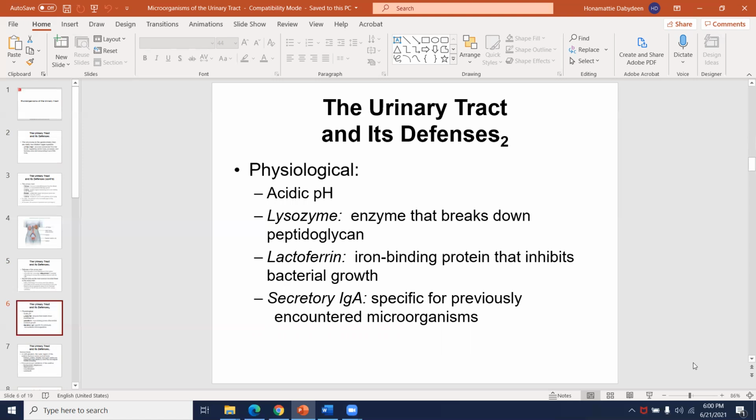Lactoferrin also inhibits bacterial growth. And then we talked about secretory immunoglobulin A, which is specific for previously encountered organisms and tries to get rid of them. Also, your IgA is something that helps to preserve the tract itself, the mucous lining of the tract.